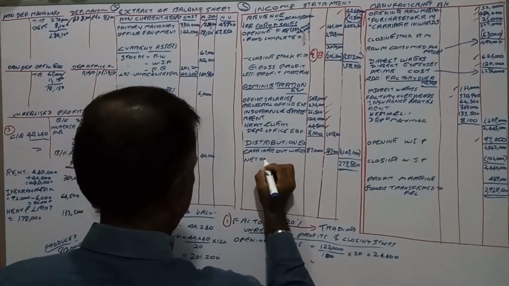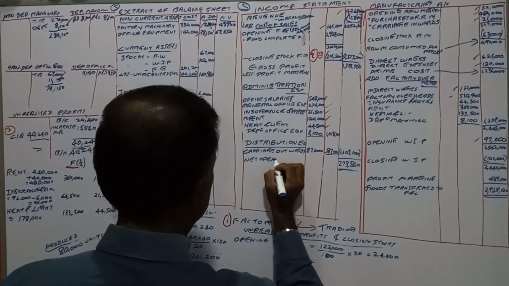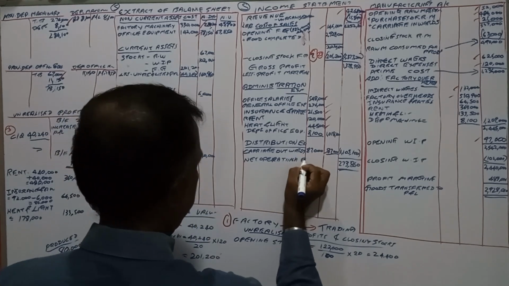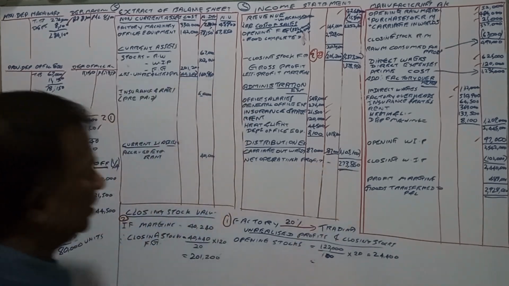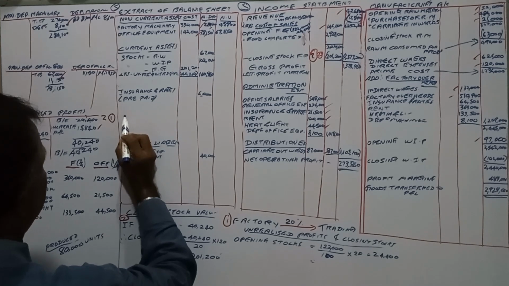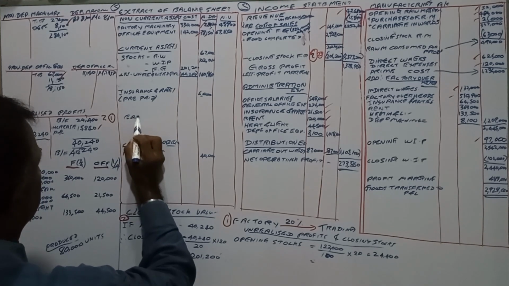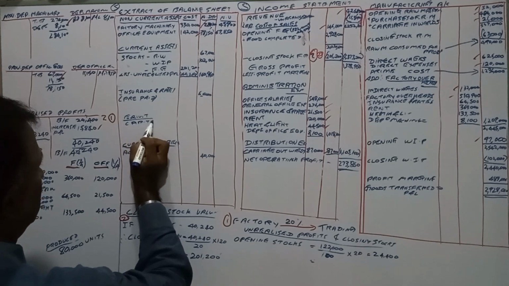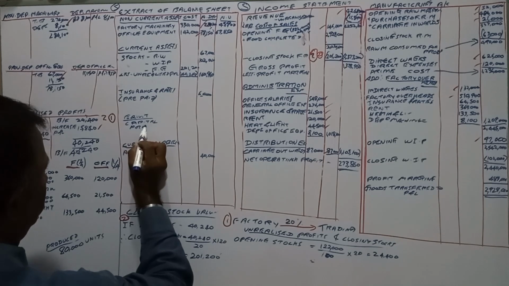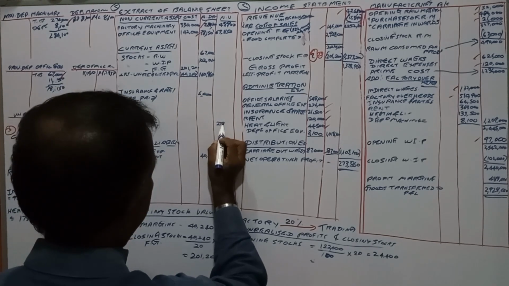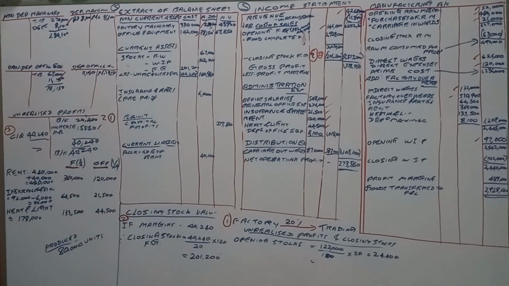In the balance sheet, under equity, you will have to mention capital, which is not given, and here we add the profits of 273,860. This is the extract of balance sheet.